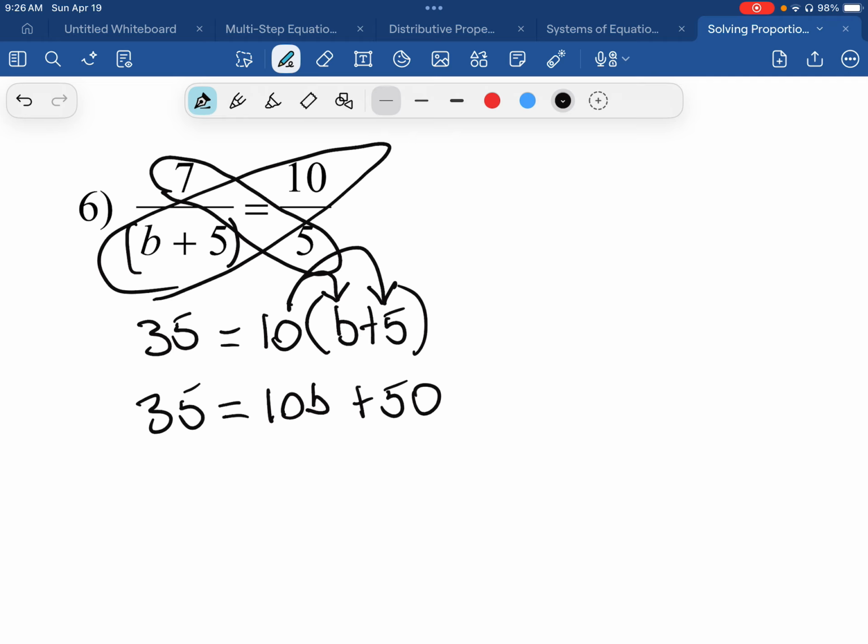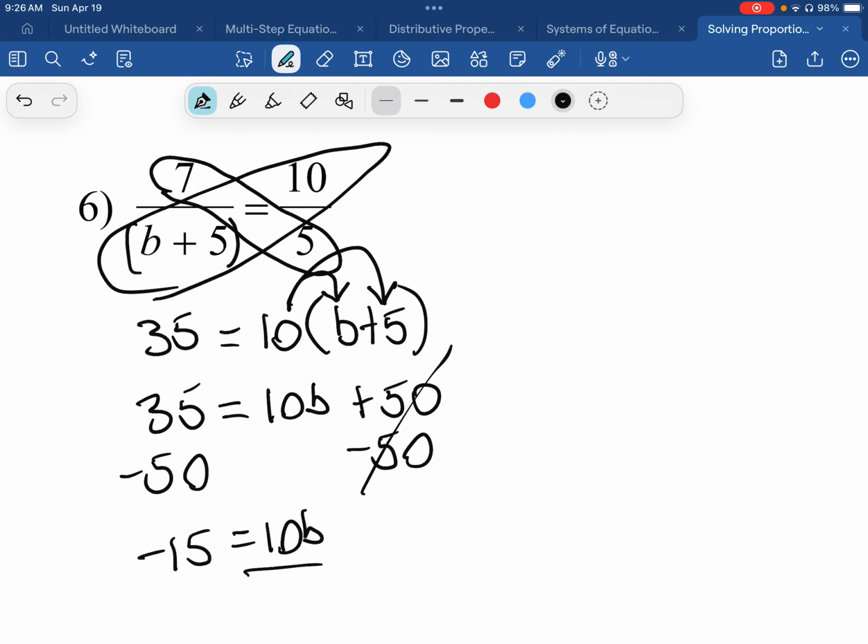Now, we know we're going to try to isolate the b. That's the game here. But first, we have to get rid of this 50. So we can subtract 50 from both sides. That'll allow those to cross out. And 35 minus 50 is a negative 15. And that will equal our 10b.